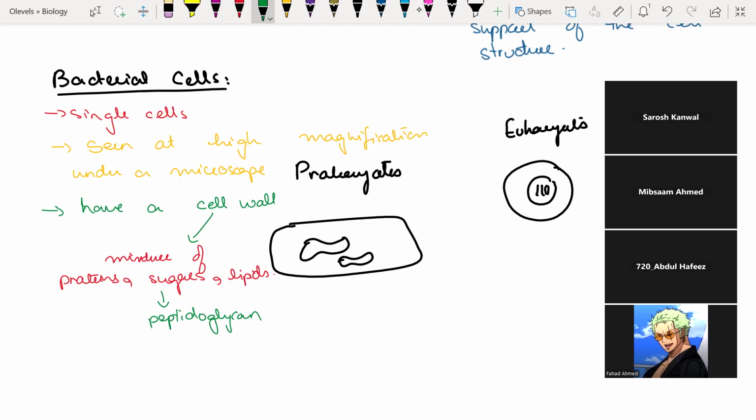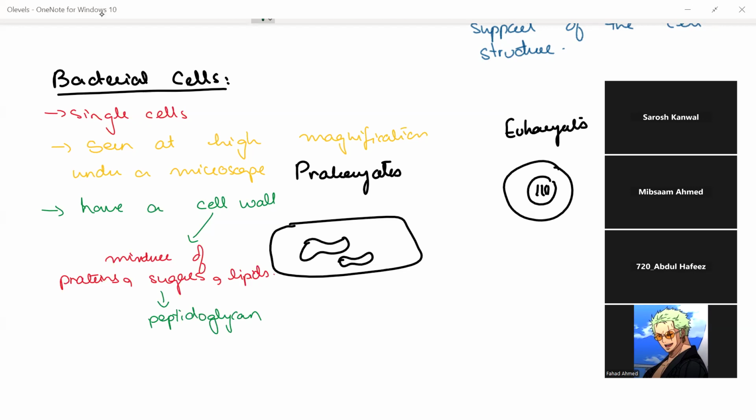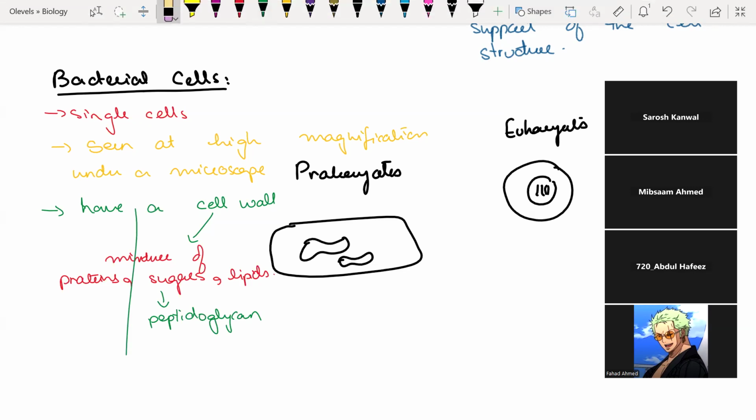For example, this was your bacterial cell, right? And here we have this cell wall. We know this cell wall is made up of peptidoglycan, and we have already stated that it is made up of lipid, sugar, and protein.